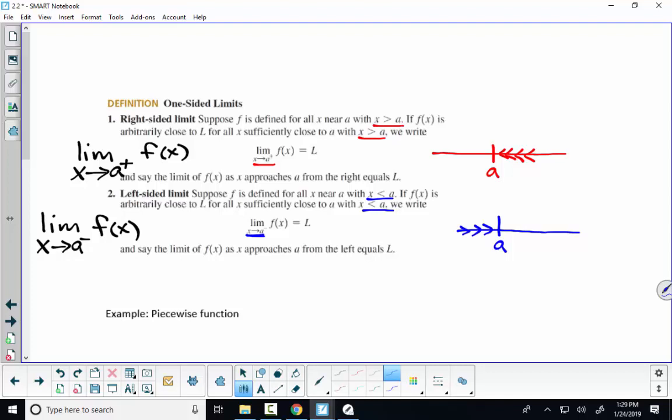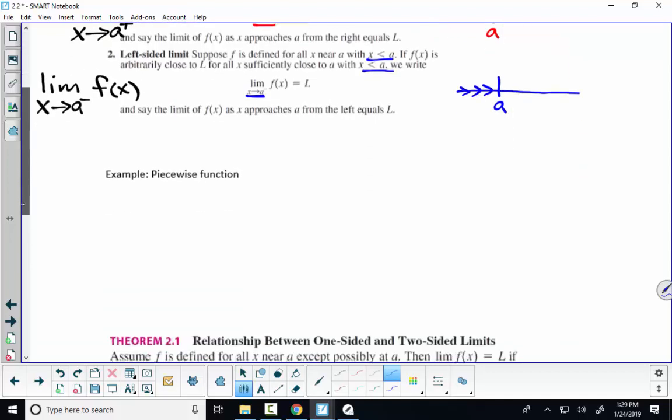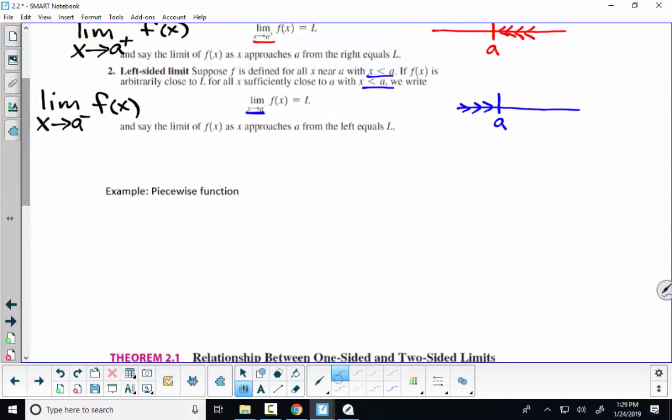Why would we need a one-sided limit? The graph jumps. Okay, if the graph jumps, so like if your graph looked like this, for instance, remember we're thinking about the pieces of the function itself as the road we're traveling along.